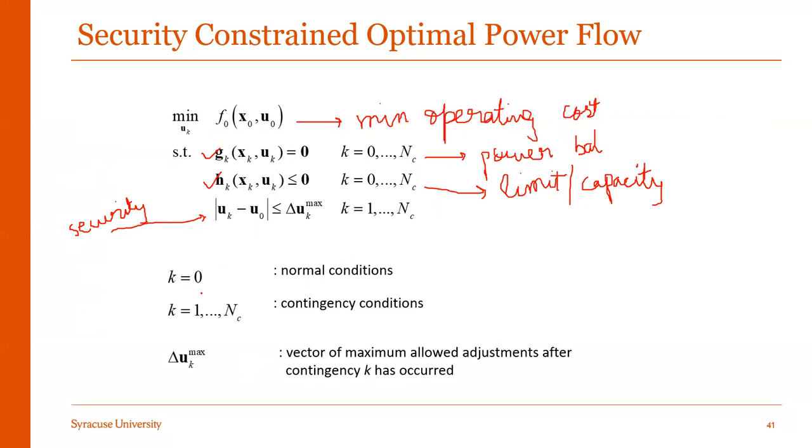Here, another thing to note is that K equals 0 represents normal conditions and K equals 1 to N represents contingency conditions. So for the last constraint, we have U of K minus U of 0 less than some tolerance.